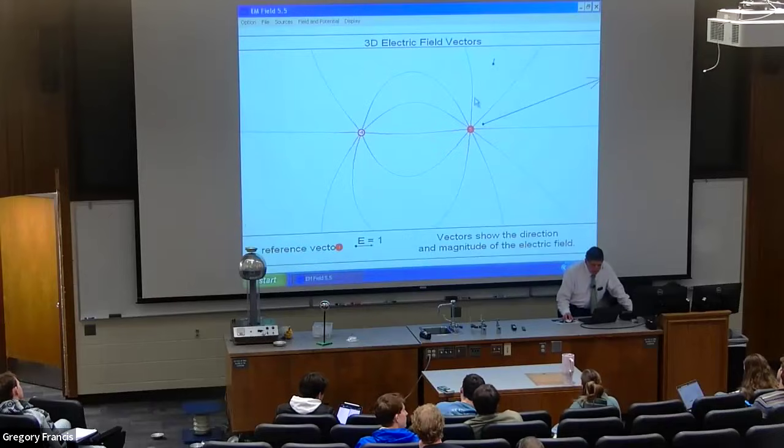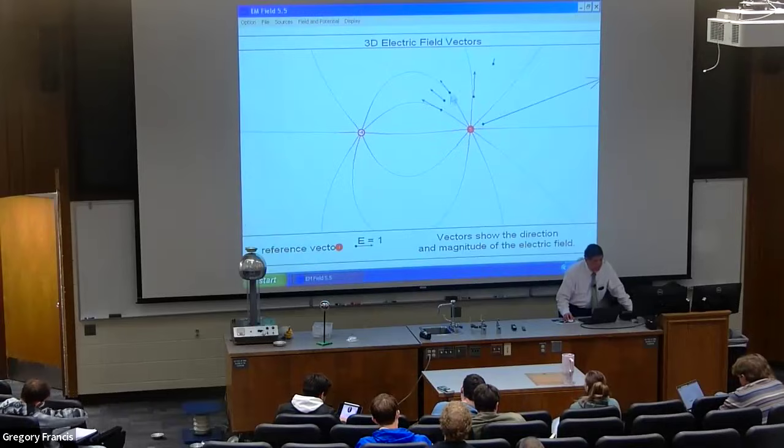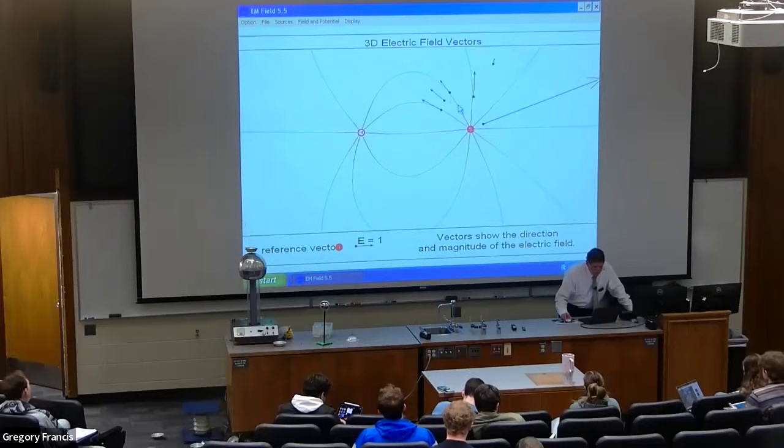And anywhere close to one of these lines, the vector is going to be tangent to the line. And if I'm looking somewhere between the lines, I have to take the direction tangent to this line and tangent to that line and kind of average out. It's kind of the average of the two.